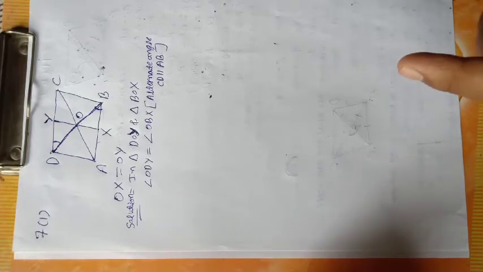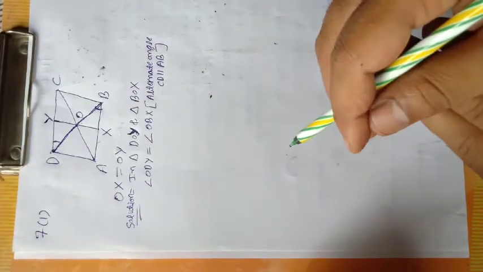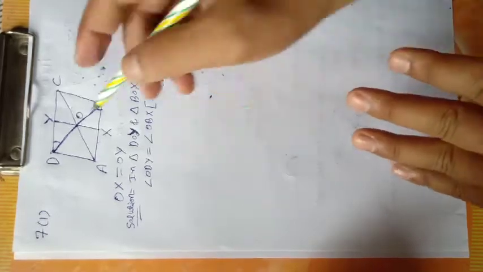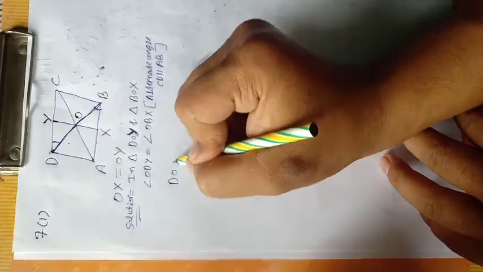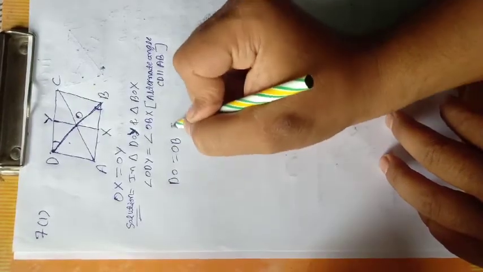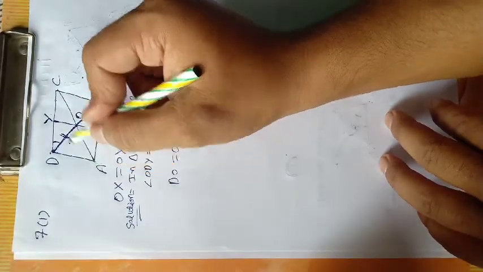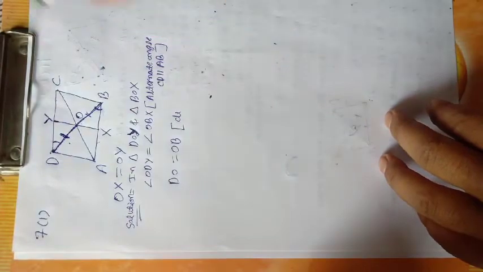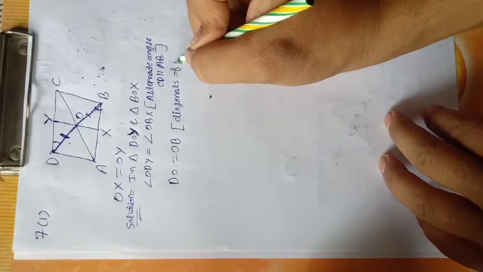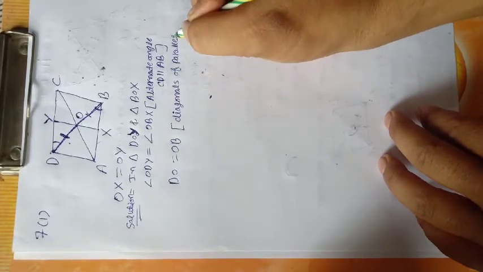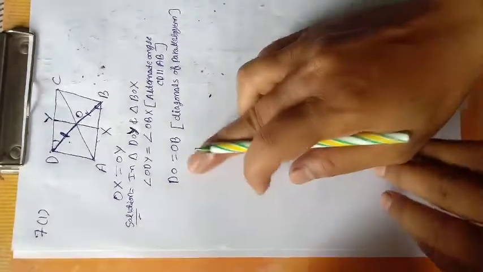Okay, next, diagonals of a parallelogram bisect each other, so DO equals OB. जितना ये होगा उतना ही होगा, because these are diagonals and diagonals of a parallelogram bisect each other.